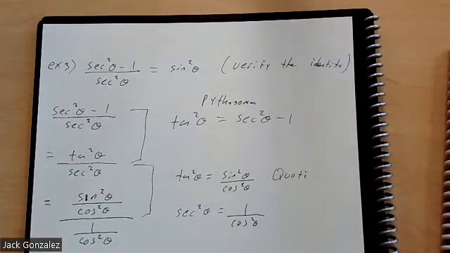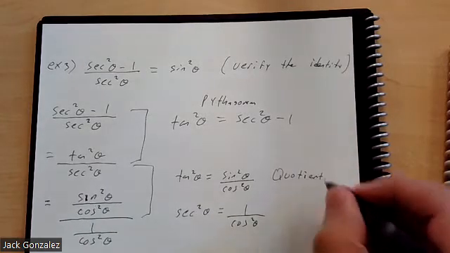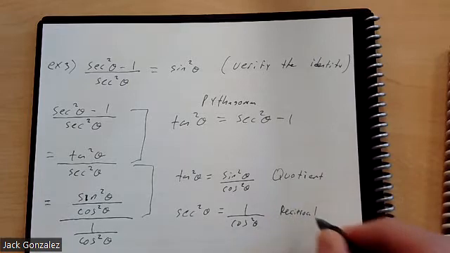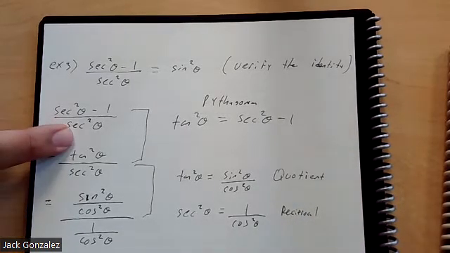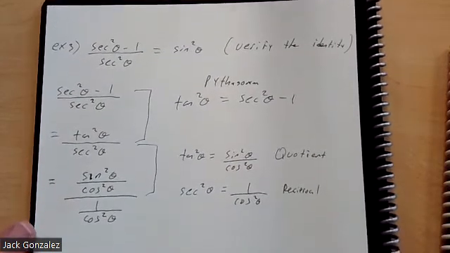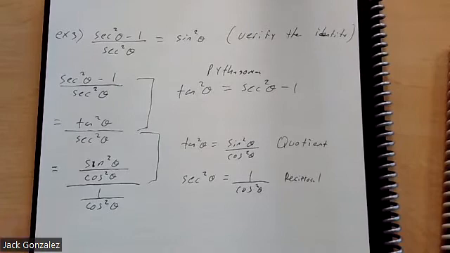And this is the reciprocal. So I went ahead and changed the tangent and the secant at the same time. Is that okay? I did 2 steps in this one.